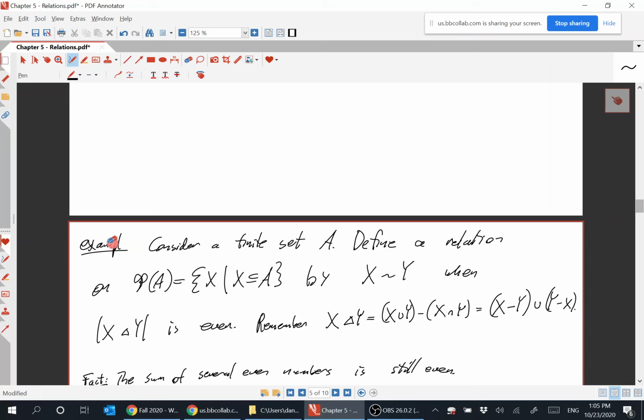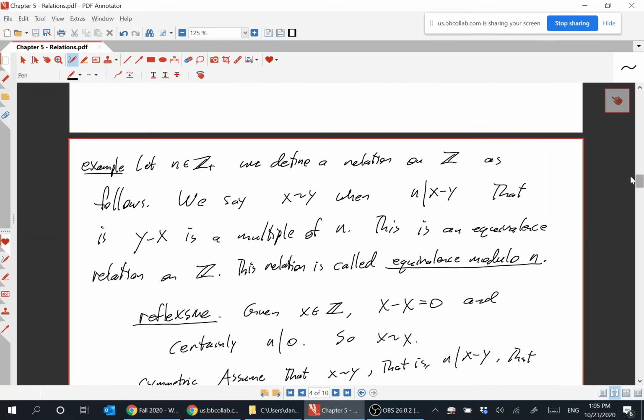So this is example S. This was example M, for modular arithmetic.